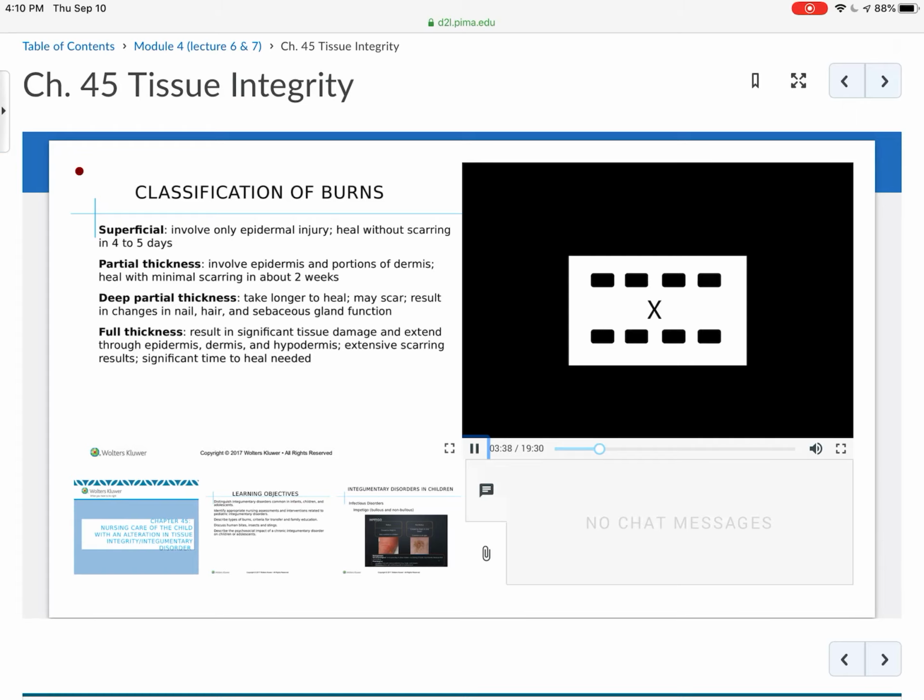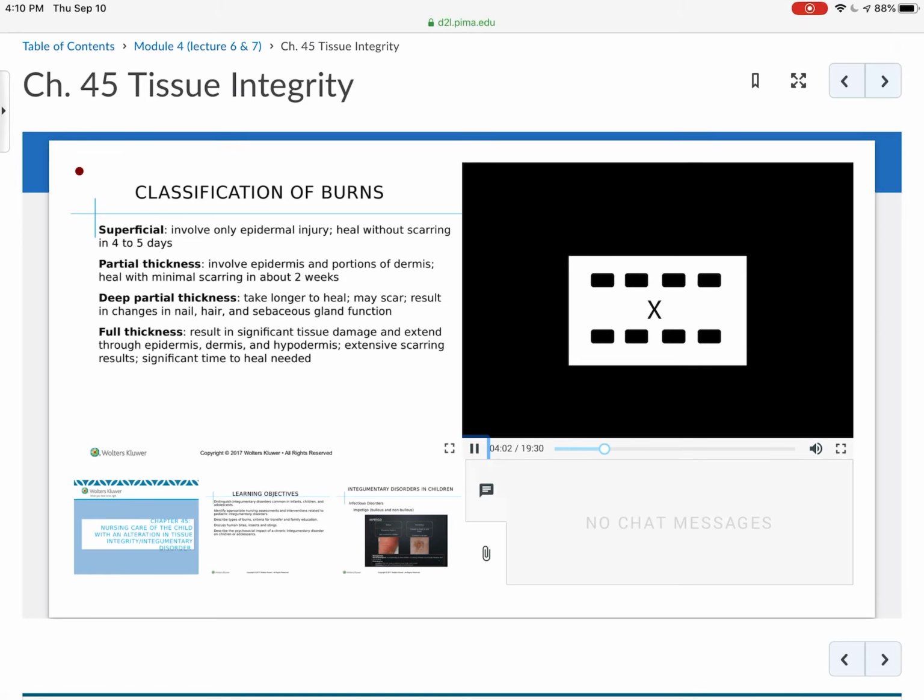Partial thickness involves the epidermis and then portions of the dermis. So it will heal, but it'll take a little bit longer. Deep partial, it's going to take a long time to heal. It could possibly cause a scar, and it could change things like hair growth, things like that.